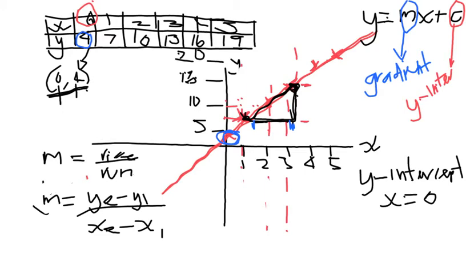So what we need to do first is identify the 2 points we're going to work with. Well, this one here at the top is 3, 13. Roughly it is 3, 13. And this one down here is 1 and 7.